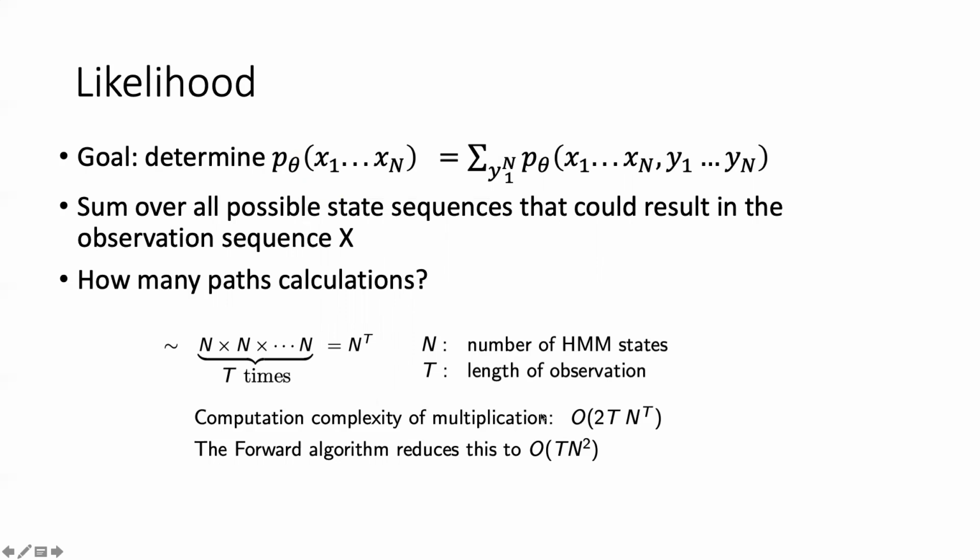By making use of the Markov assumption, we do not have to explicitly compute each possible path, but we can do it efficiently. One such algorithm is the forward algorithm, which results in a reduction in the computational complexity to the order of t n square. Let's see what the forward algorithm is.